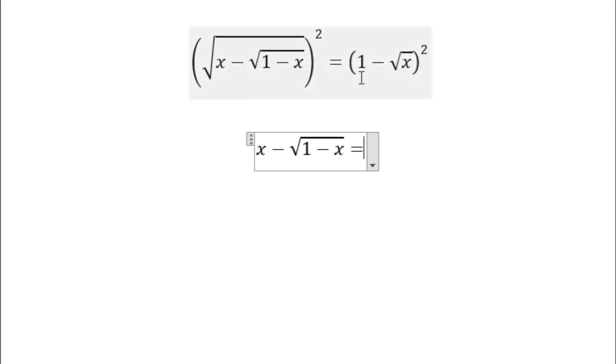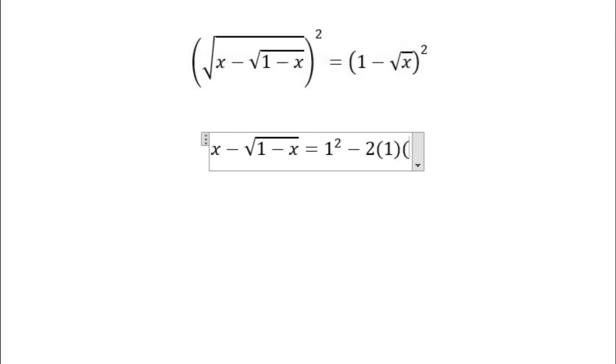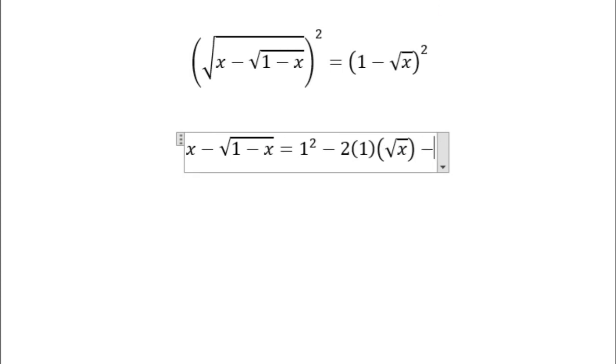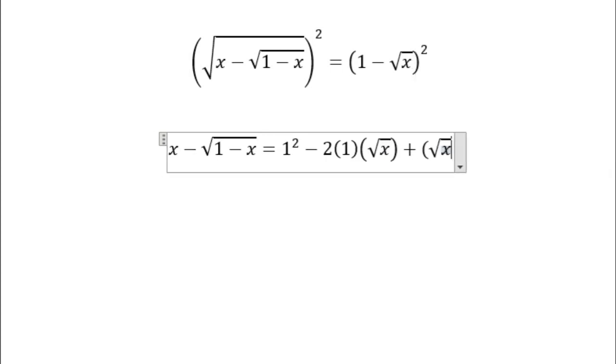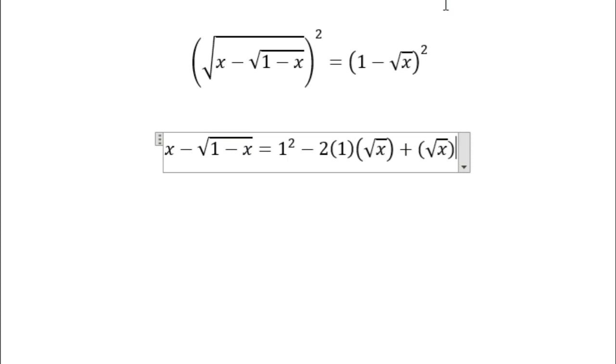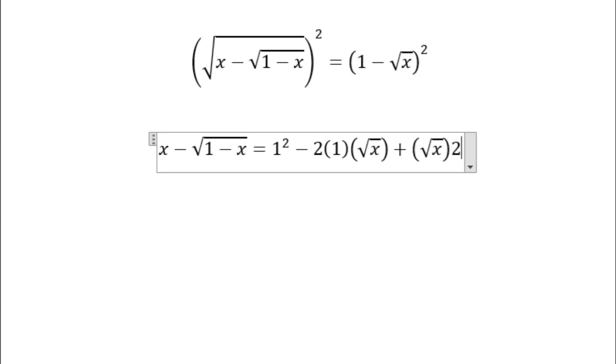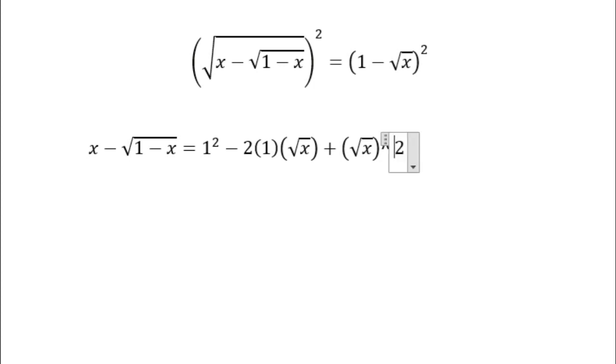In this case, it will be 1 squared minus 2 times 1 times the square root of x plus the square root of x squared.